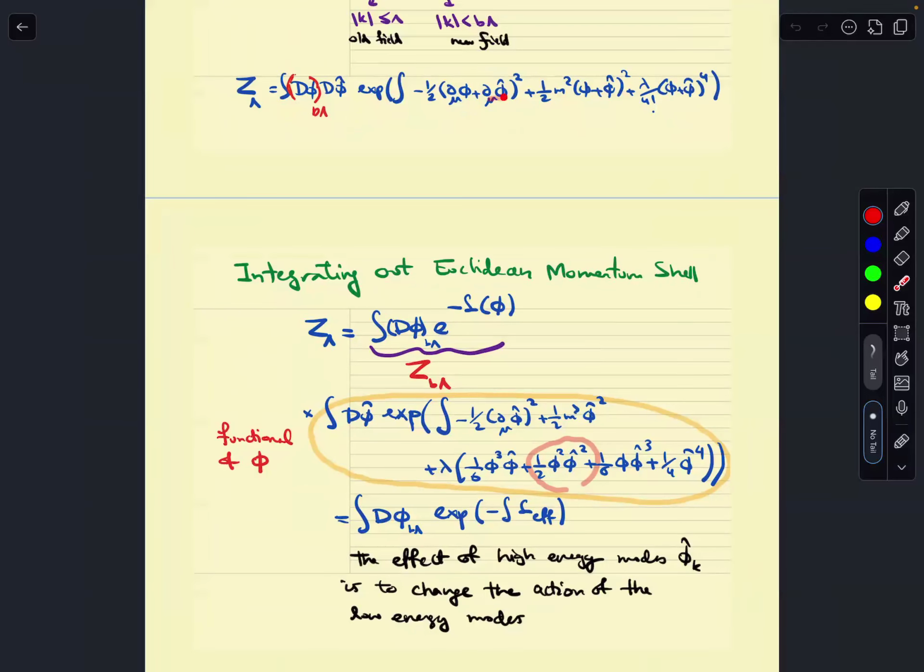If I look at the action, there is (del mu phi hat) squared, there is half m squared phi hat squared, and then from here what you're going to obtain is phi cubed phi hat, half phi squared phi hat squared, 1/6 of phi hat cubed, plus 1/4 of phi hat to the fourth.